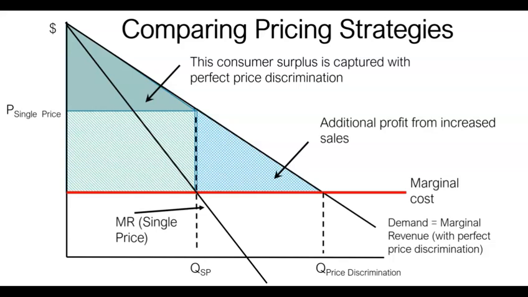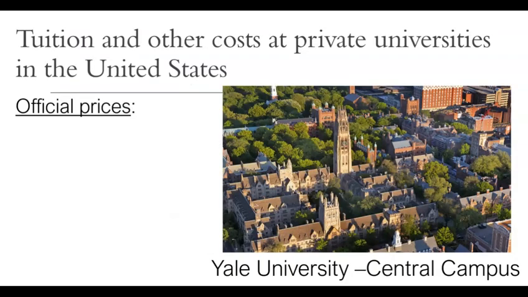Well, let's just consider an example that, while not perfect price discrimination, is at least an attempt to do this. Let's consider what's charged to students at what are called Ivy League universities, the big private universities in the United States. Yale University in New Haven, Connecticut is a good example.